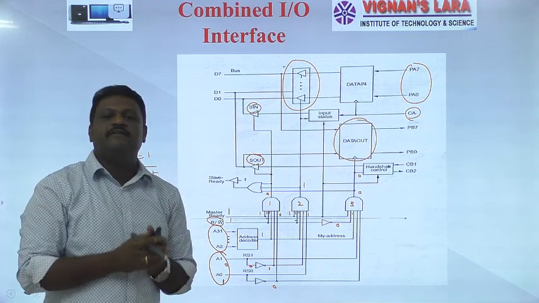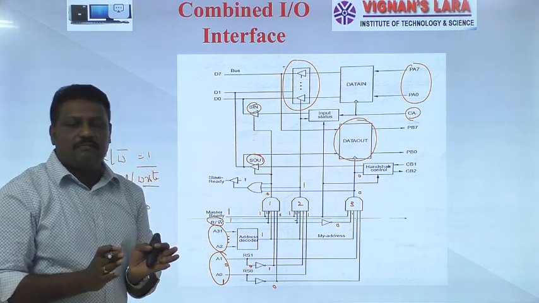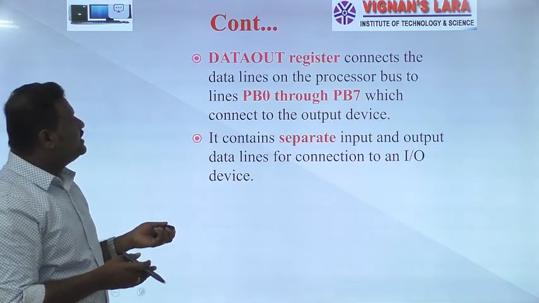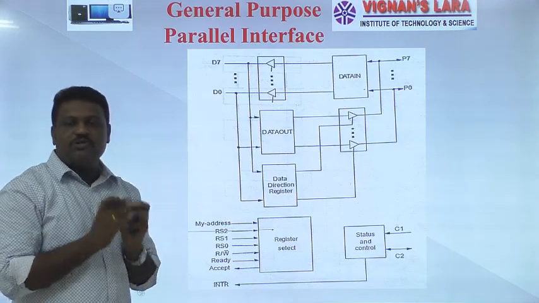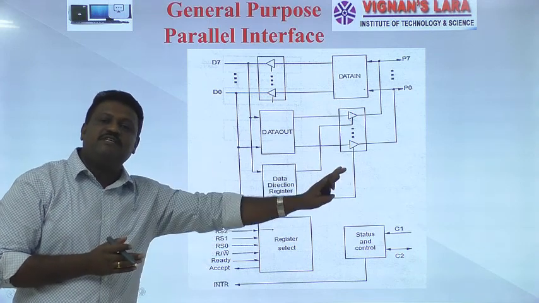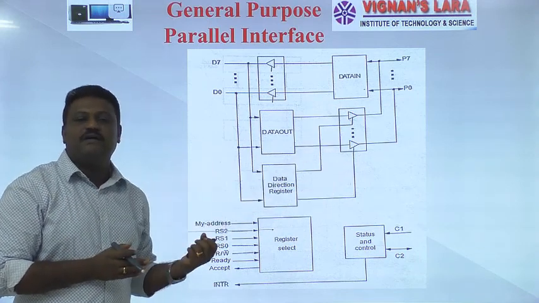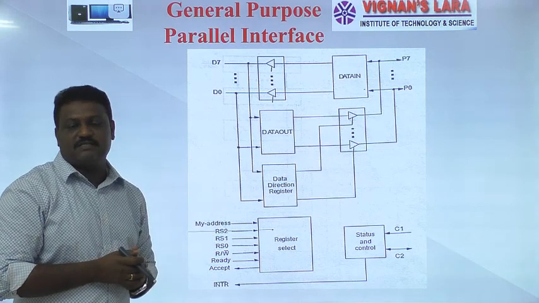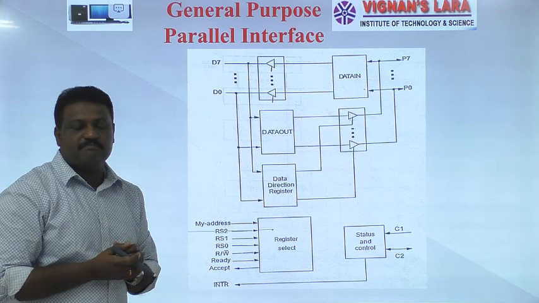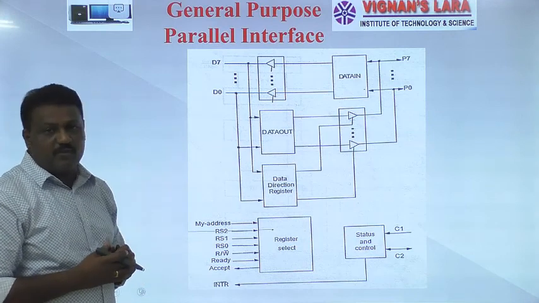So now we are going to discuss the general parallel port, or an I/O interface. In that case, I can use only common signals. With the help of that, I can transfer data to or receive data from external devices with only common signals or a group of signals. So that is this particular one.